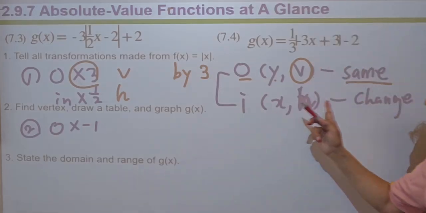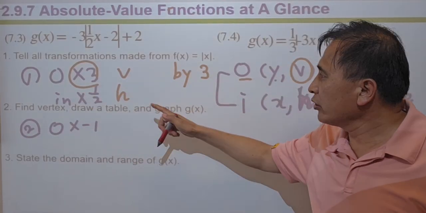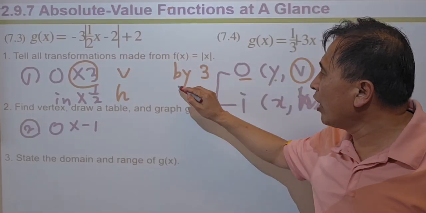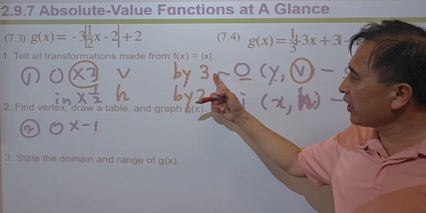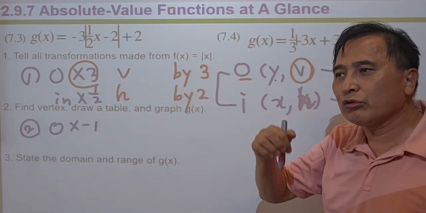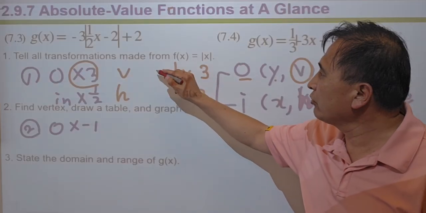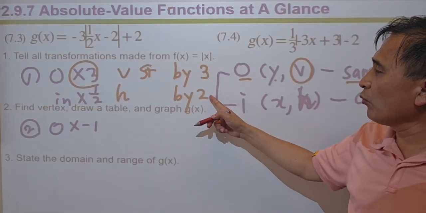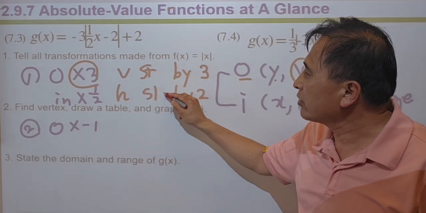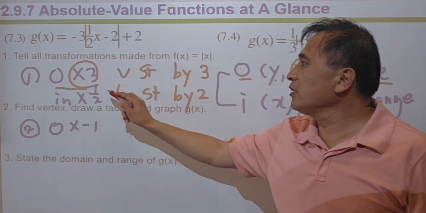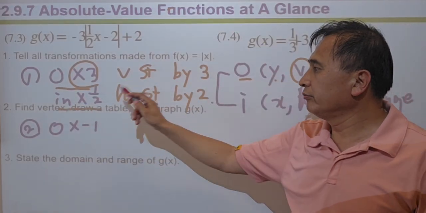Horizontal is a change of the times, then we flip it, reciprocal. So 1/2 reciprocal is 2/1, which is 2, right? When this is bigger than 1, that means stretch. And smaller than 1 is shrink. So this means vertical stretch by 3. This means horizontal stretch by 2.